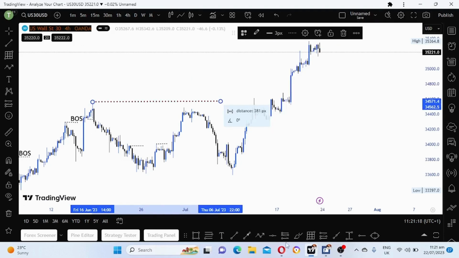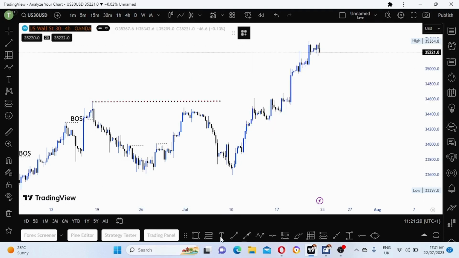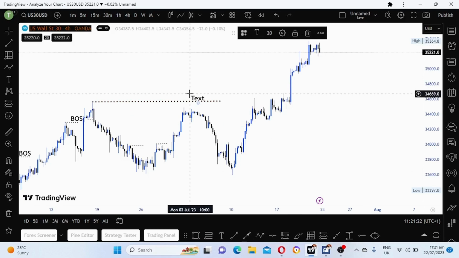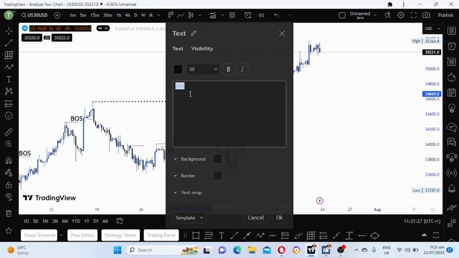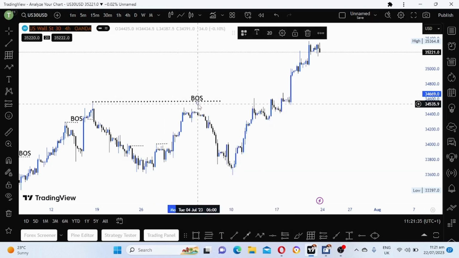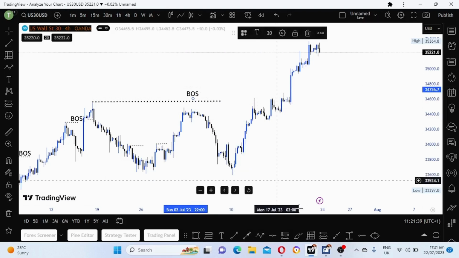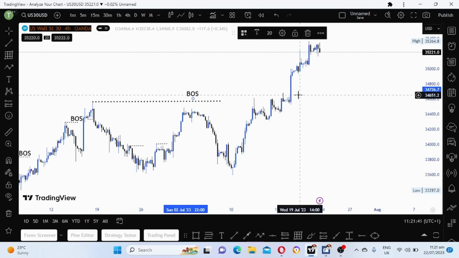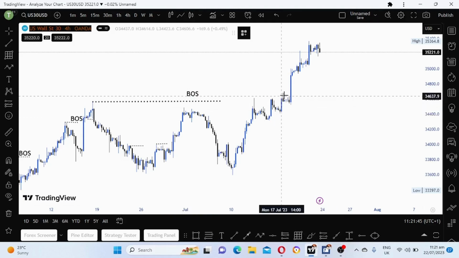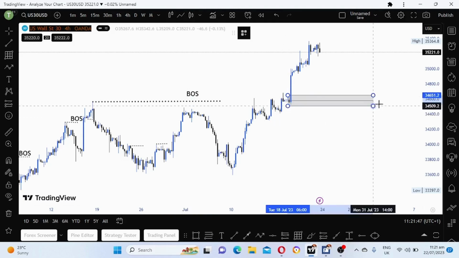This is our last break of structure, guys. So now we have this demand zone that we drew up here.